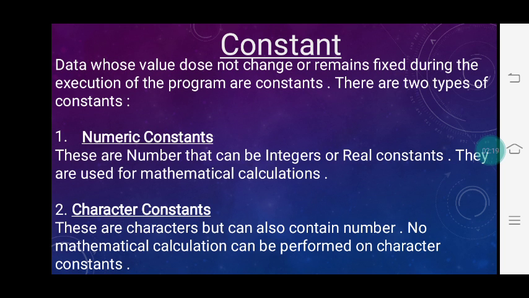Now character constant. These are characters but can also contain numbers. No mathematical calculations can be performed on a character constant. This can be a single character or a multiple character string. They are written within double quotes, that is, inverted commas.